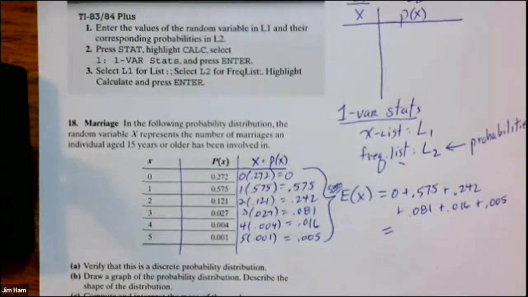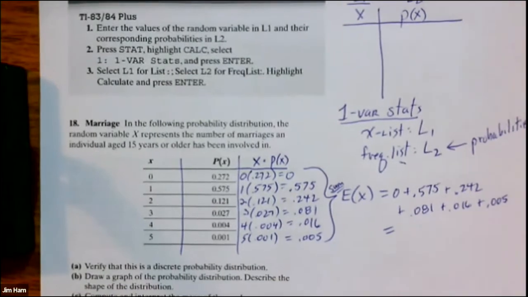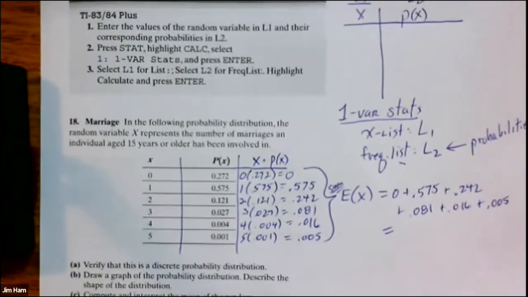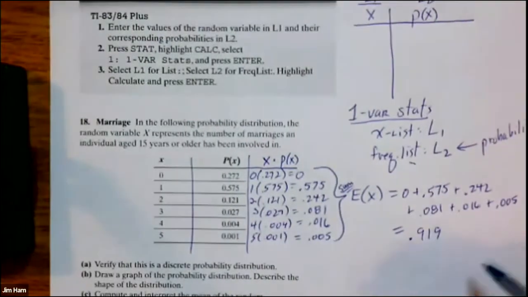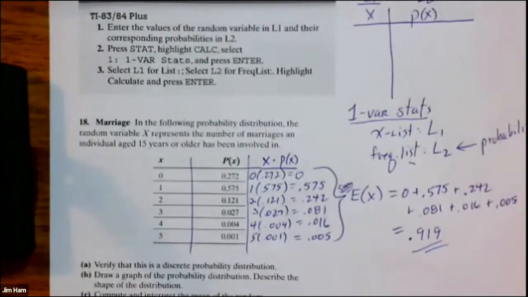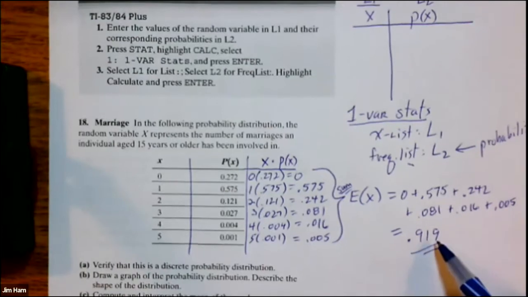And if you add them all together, that's the expected value. Now, just like the mean is not always a nice whole number when we're expecting a whole number, you'll find in this case that the same thing applies. Okay, so we're going to say that we would expect, on average, in the long run, we randomly select somebody from the United States, 15 years of age or older, we would expect that they would have 0.919 marriages, so close to 1 marriage.